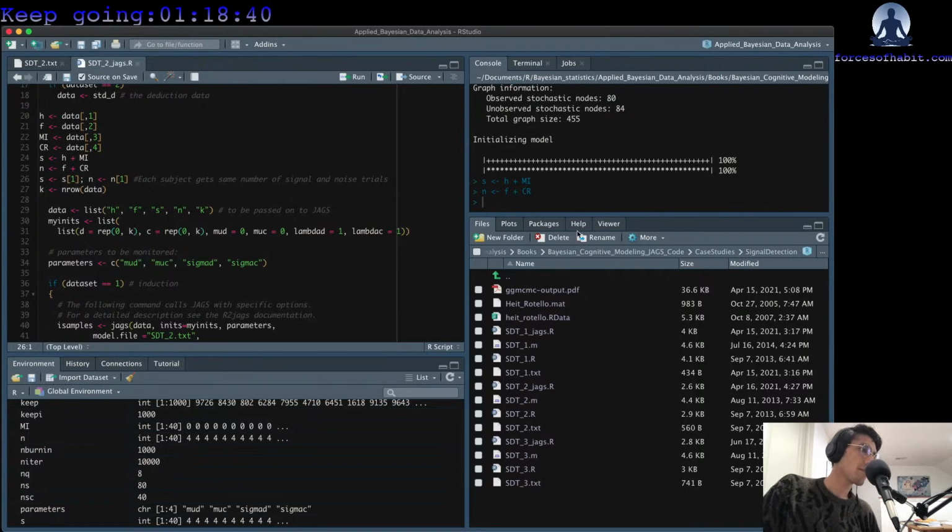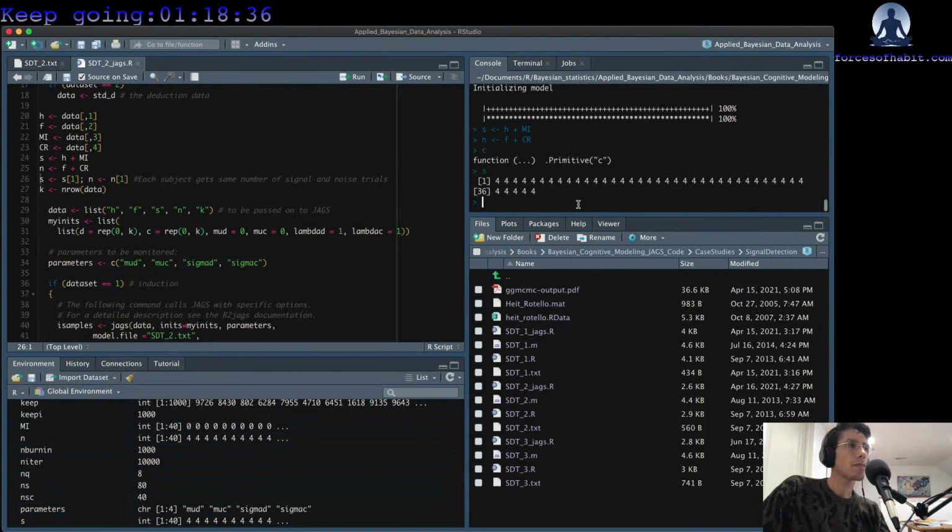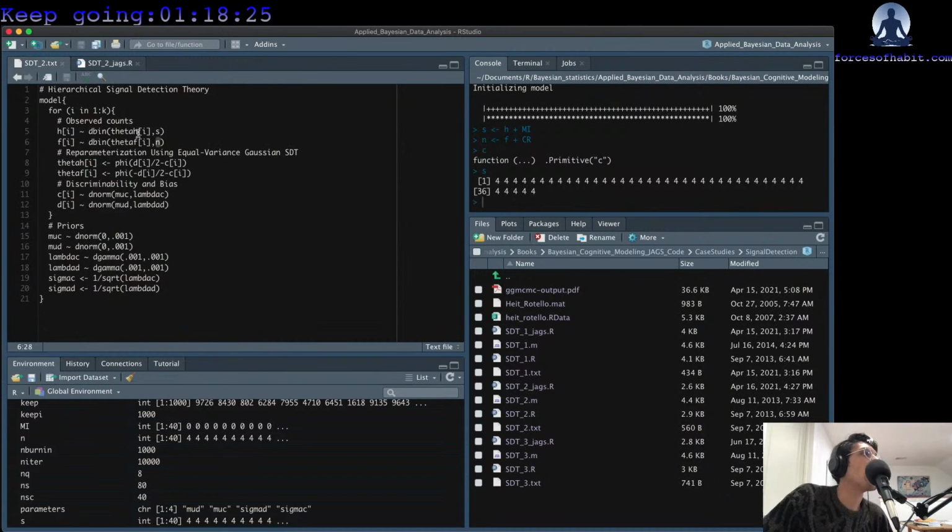What's 1 to 40? For a given trial, there's 4 options, right?